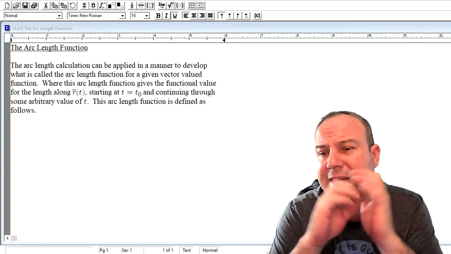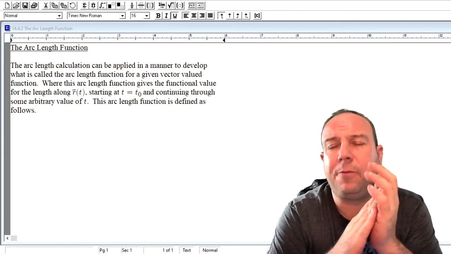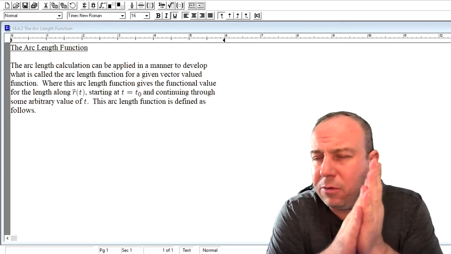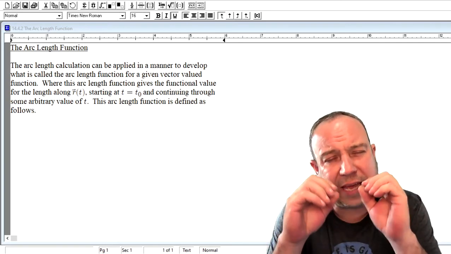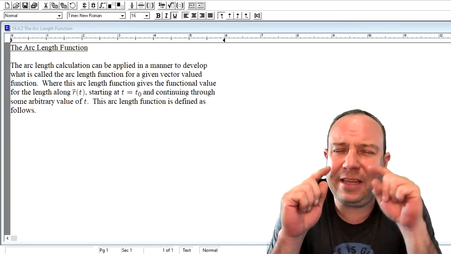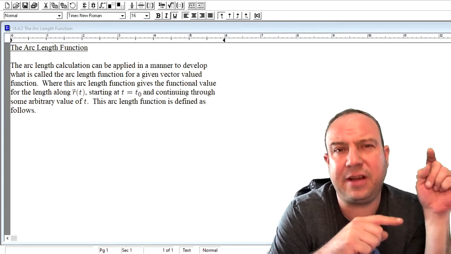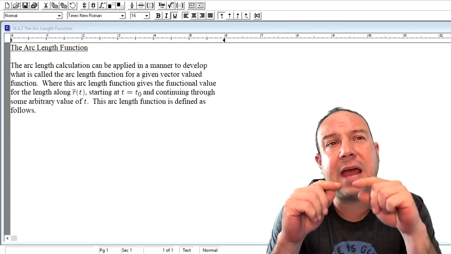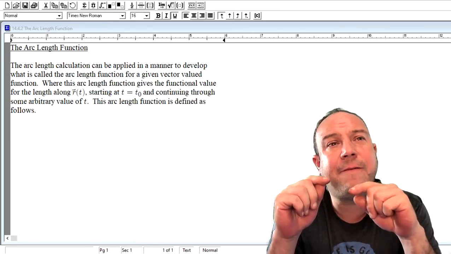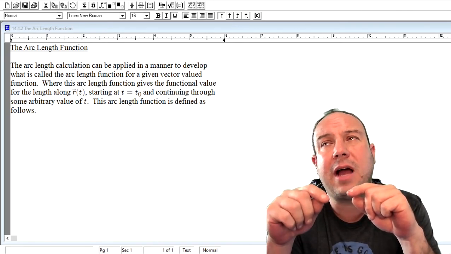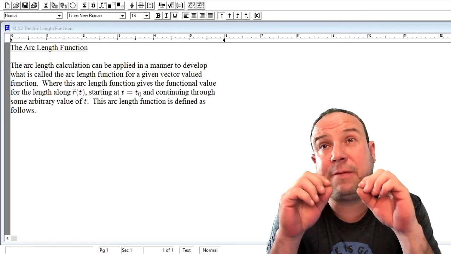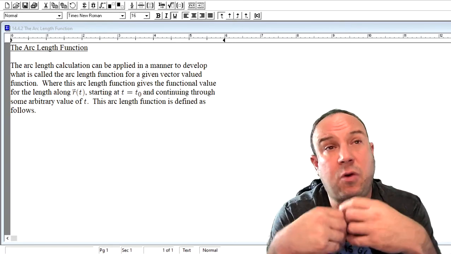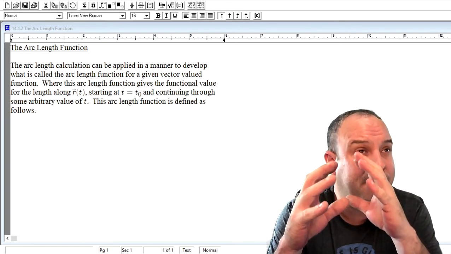We looked at that in the last video. What we want to now consider doing is take that formula for arc length and tweak it a little bit so that it becomes a formula that develops what we call the arc length function.